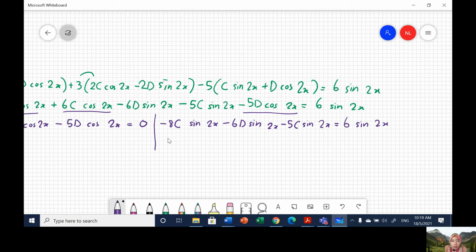So we can write this form as negative 8c minus 6d minus 5c, in the bracket, sin 2x equal to 6 sin 2x. So sin 2x equals sin 2x, so the one in the bracket is equivalent to 6.